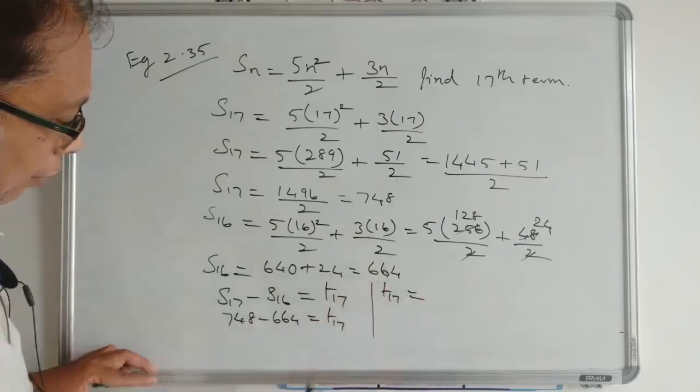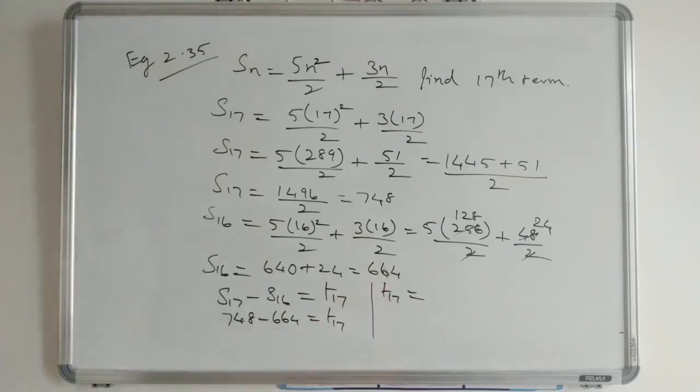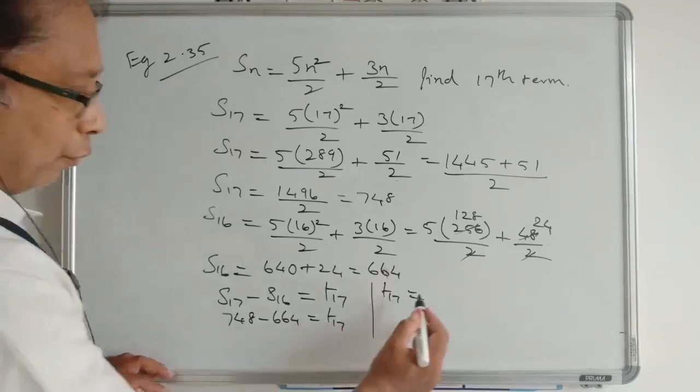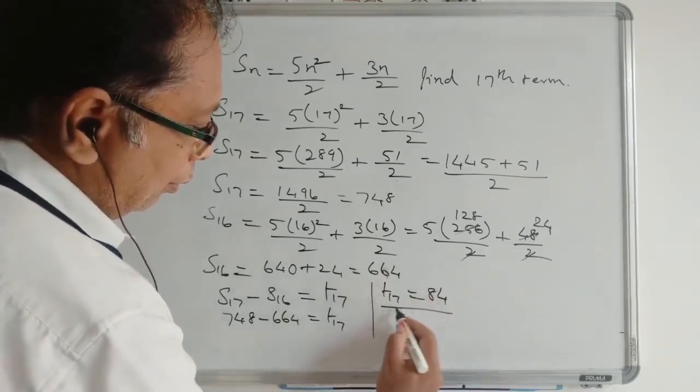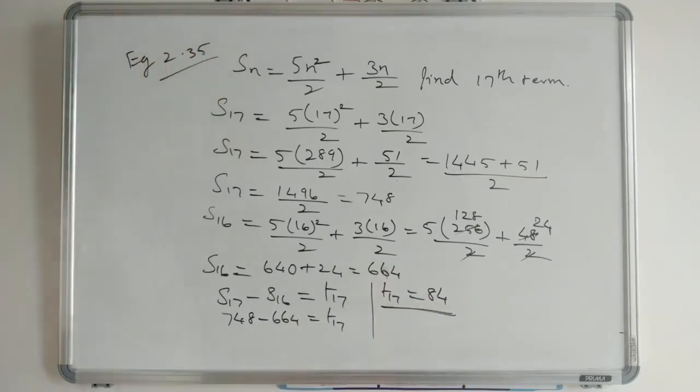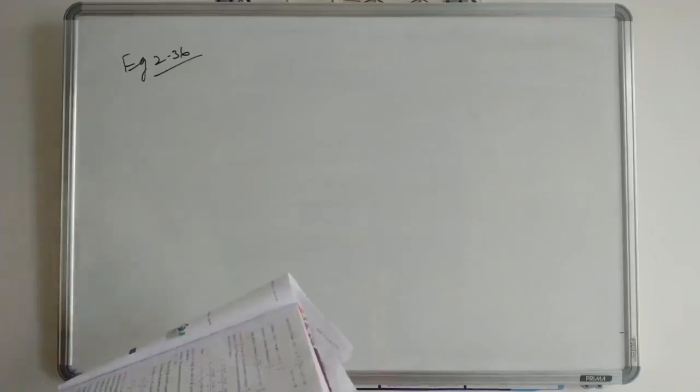The difference is 84. Therefore the T17 value is 84. That was example 2.36.